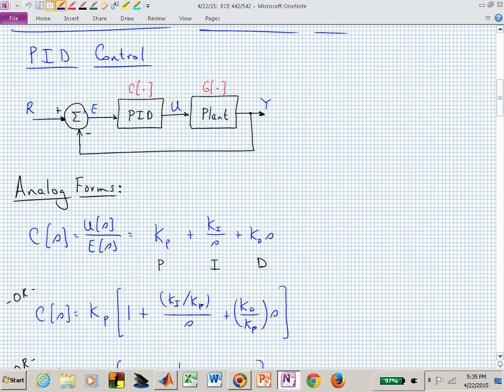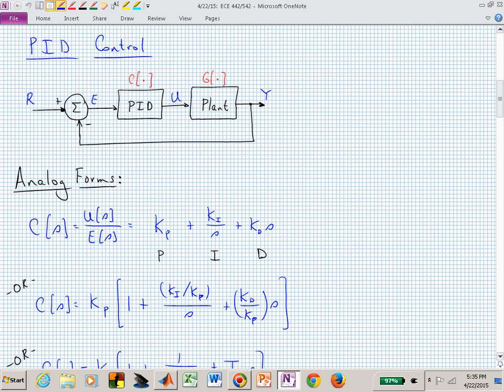The derivative allows us to potentially improve the transient performance of our closed loop system, and it anticipates what might happen in the future with our error signal. That derivative gives us sort of the slope information at the present time. The P just operates on the error signal right now.